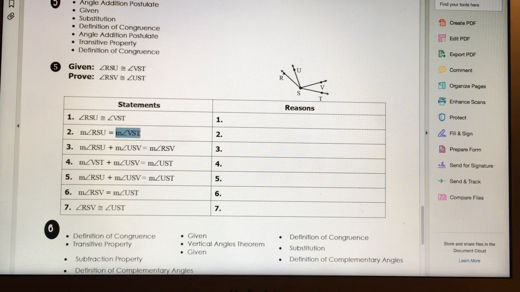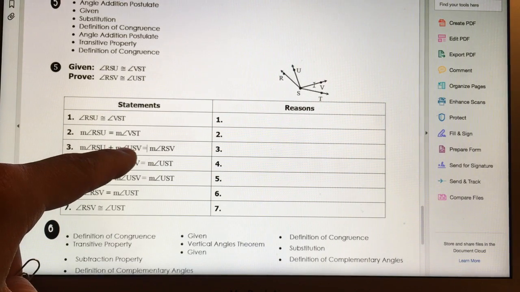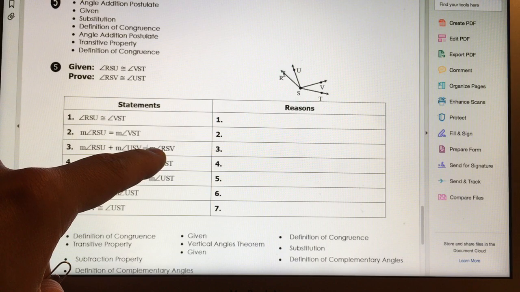But notice this is VST on the right side of the equation. This is not VST, so it can't be addition property. So there's got to be something else that involves adding angles. Which of these things up here involves adding angles? If you think angle addition postulate, then you are right. The measure of angle RSU plus the measure of angle USV equals the measure of angle RSV, the whole thing.